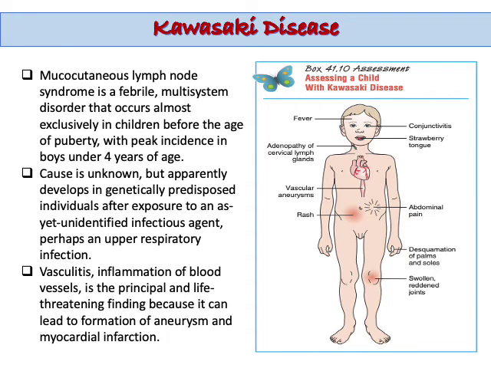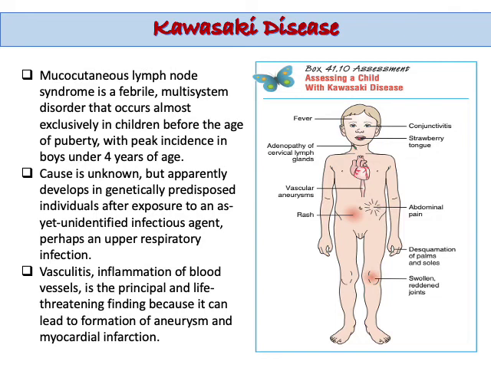Kawasaki disease or mucocutaneous lymph node syndrome is a febrile, meaning the child evidently has fever, multi-system disorder that occurs almost exclusively in children before puberty. Peak incidence is in boys under 4 years of age.